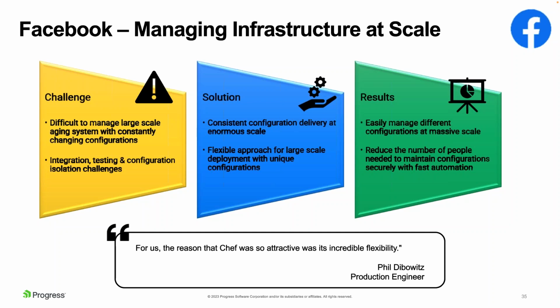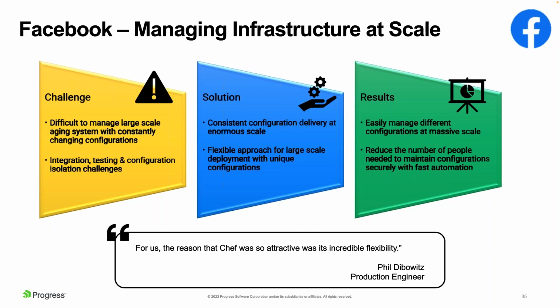With Chef, Facebook now had an extremely flexible system that allowed a tiny team to manage an incredibly large number of systems with a variety of unique configuration needs. This saw enormous success in three primary areas. Chef provided a very massive scale, so this increased the number of servers that they managed.